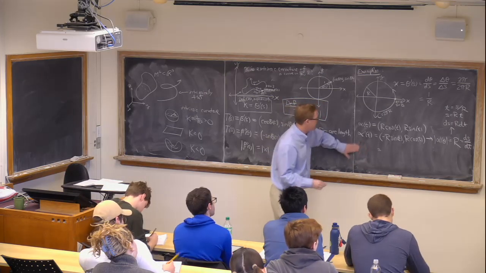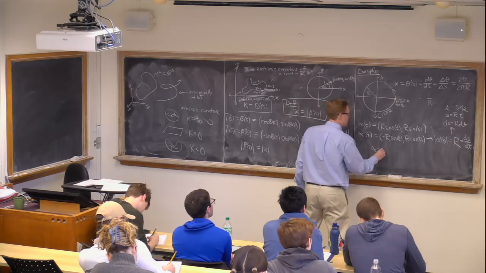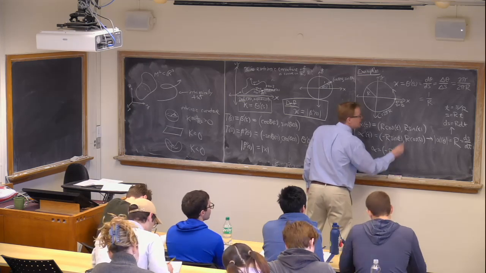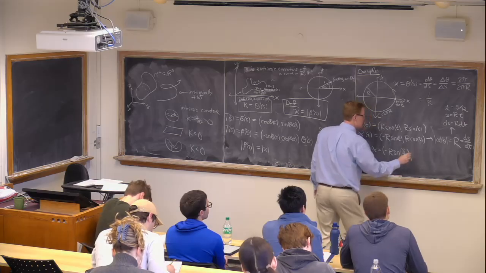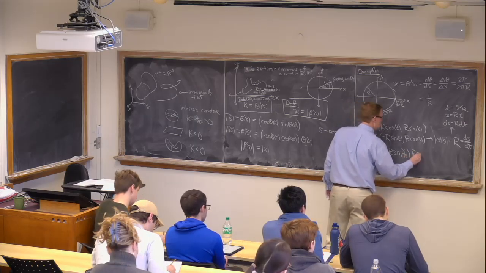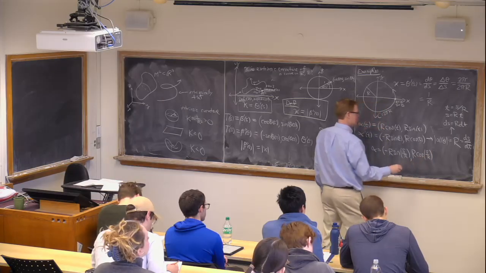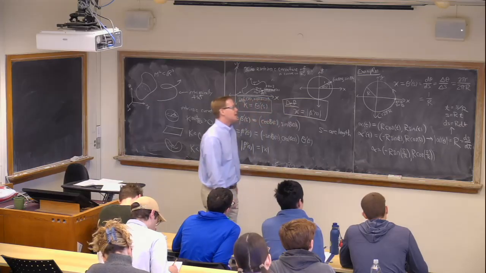Alpha, don't worry about what it's a function of. Alpha is equal to, therefore, negative r times the sine of t, but t is equal to s over r. And so that's what my curve is.